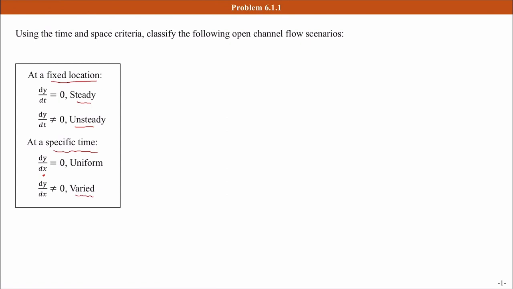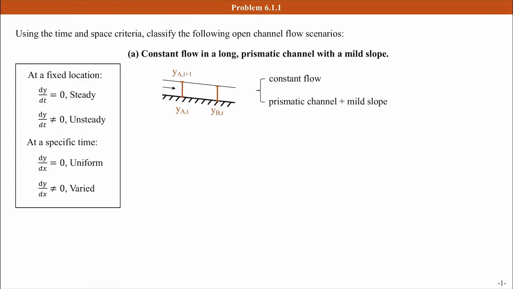Now let's take a look at scenario A. Here is a constant flow in a long prismatic channel with a mild slope. The constant flow means that the water elevation doesn't change with time. For instance, at point A, the water elevation at time t equals the water elevation at time t plus 1.